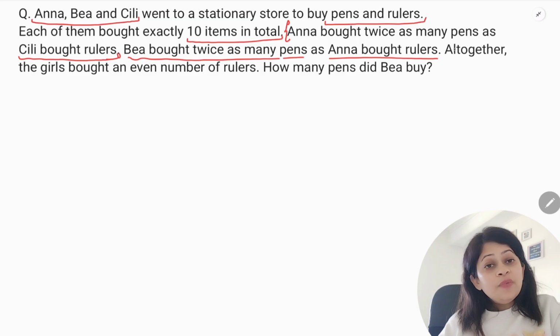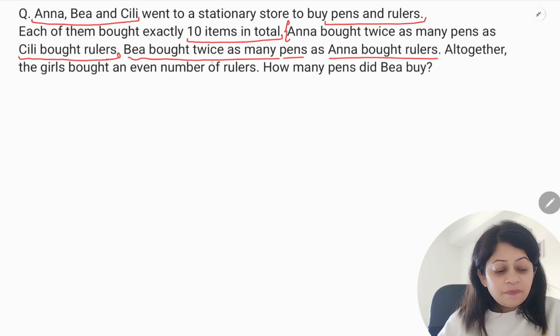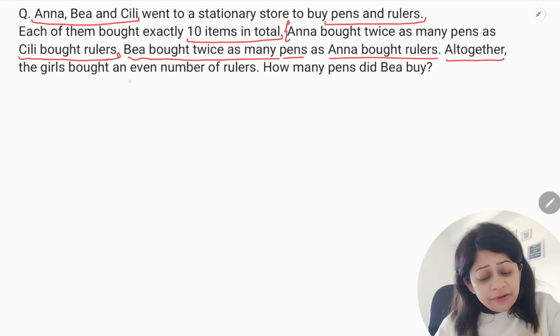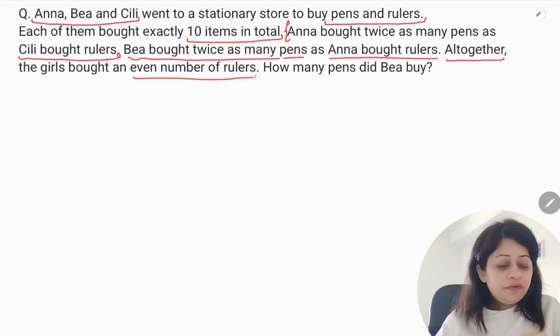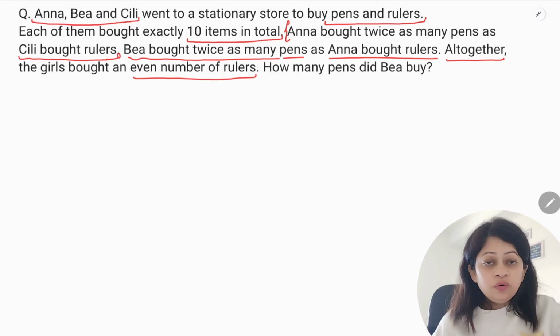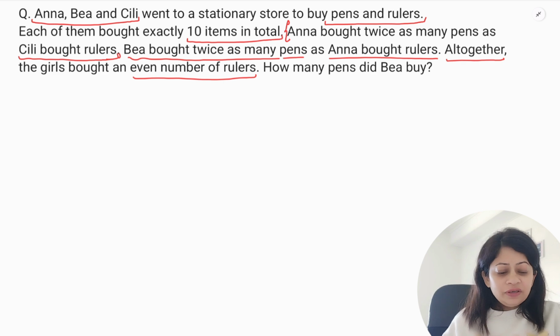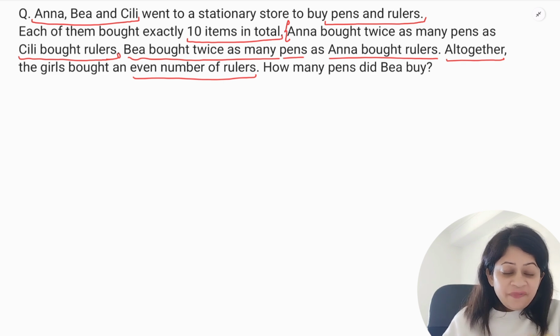If we know how many rulers Anna bought, we can find out how many pens Bia bought, right? All together, the girls bought an even number of rulers. This is what we know: the total number of rulers is even. So there's a lot of information. We need to process it.